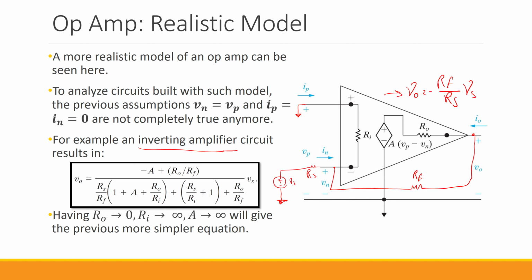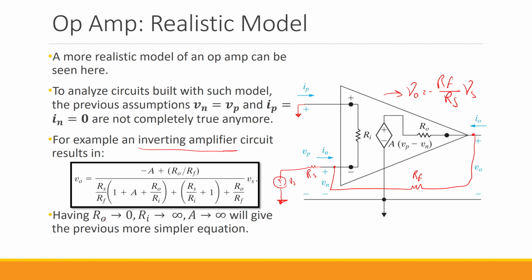I highly suggest you go through the steps, redraw this circuit in a more meaningful and visually pleasing manner, and then do node voltage analysis for the nodes that we have here, and come up with the equation that shows the relationship between VO and VS. So now that we have this, let's see how changing the different variables and making them closer to the ideal case has an impact on this equation.